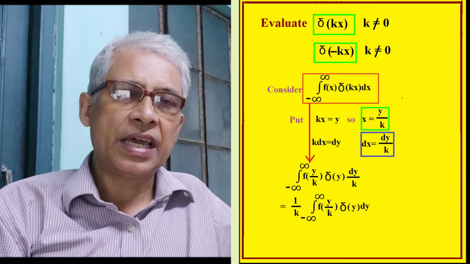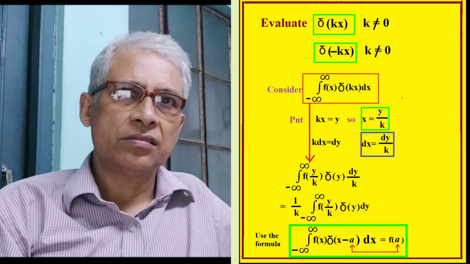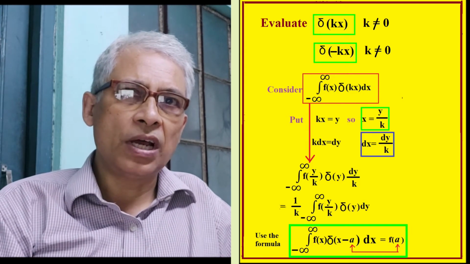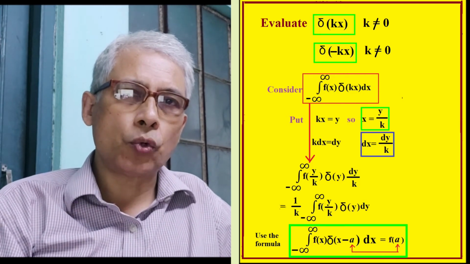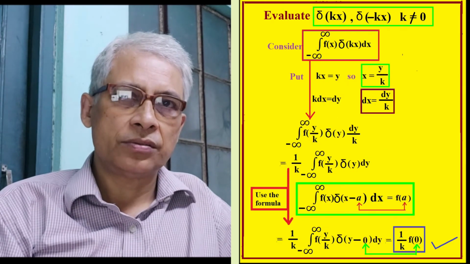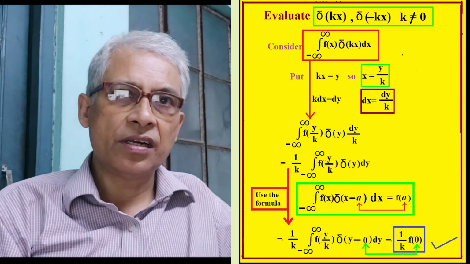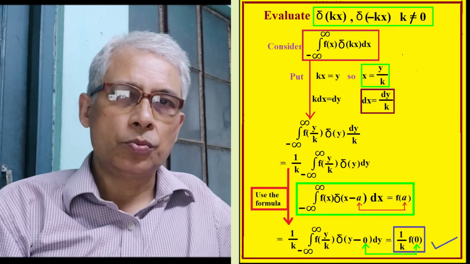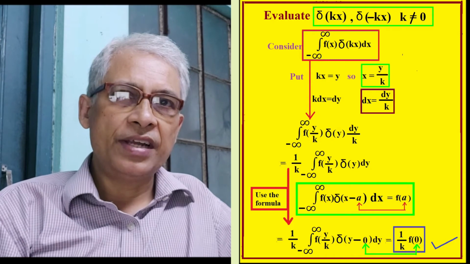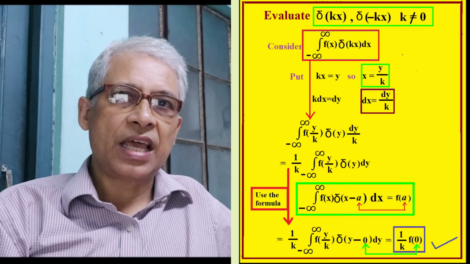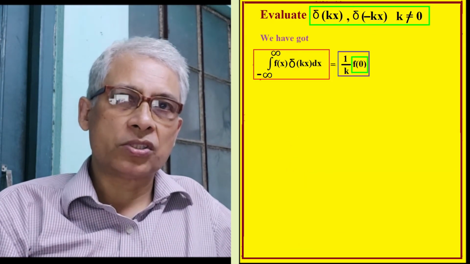Take 1 by k outside the integral and now use the formula we derived as shown in the green box. Using this formula we get the value of the integral in the red box to be f of 0 divided by k, and let us embed it in a blue box.